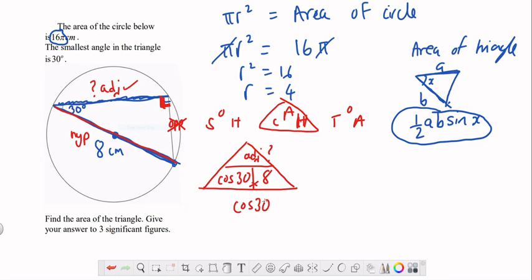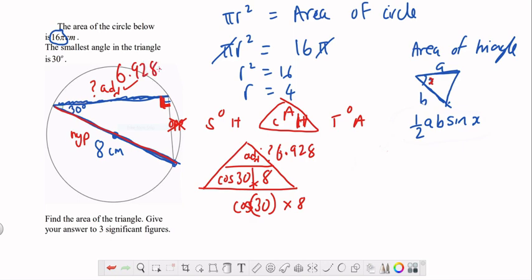If you use one of those Casio calculators, don't forget to close the bracket. That should give me my adjacent side. Right, I've got 6.928. I just want to preserve a couple of digits after the decimal point for accuracy. So the adjacent side here, 6.928.